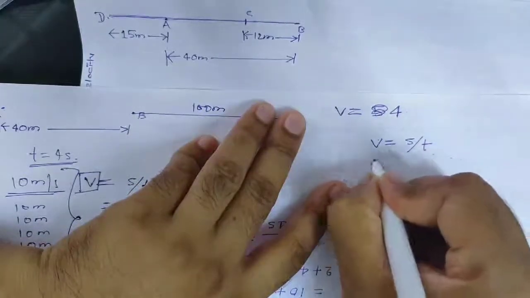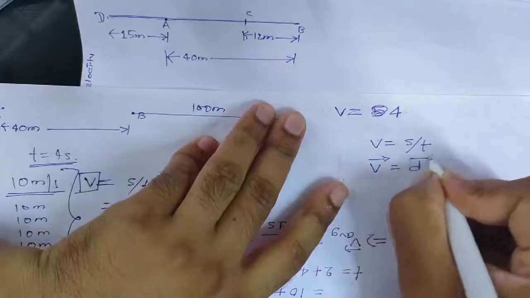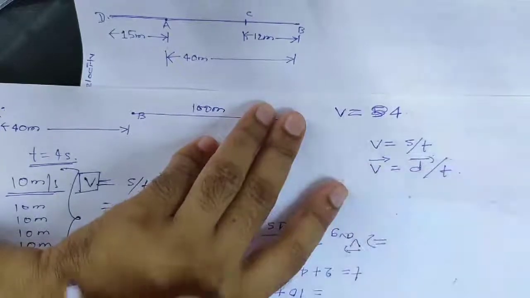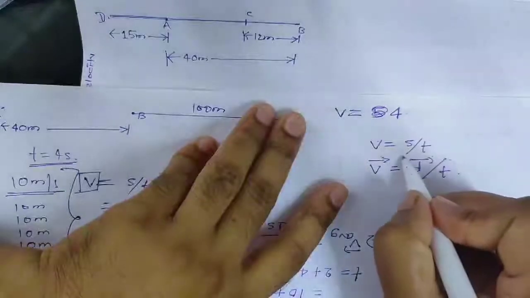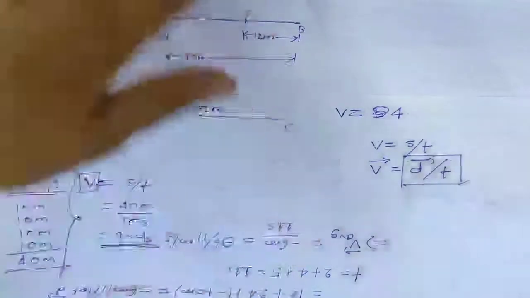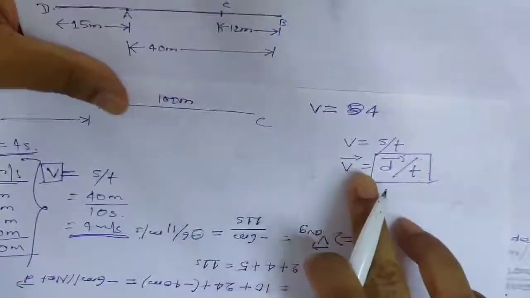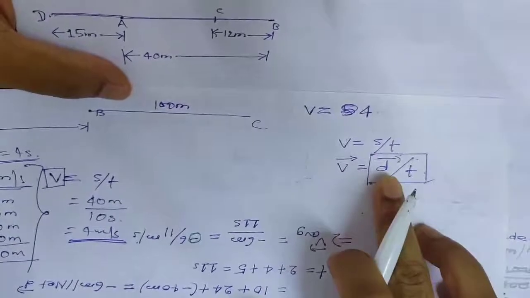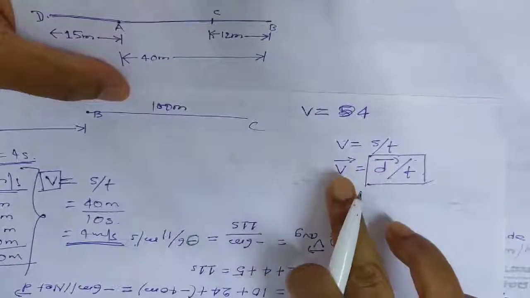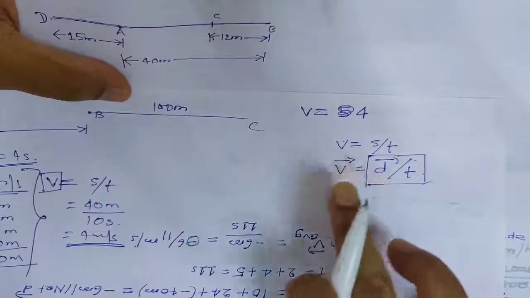And what is velocity? It is a vector quantity. It is displacement by time, how much a particle has displaced per unit time. Since displacement is a vector quantity, velocity is a vector quantity.